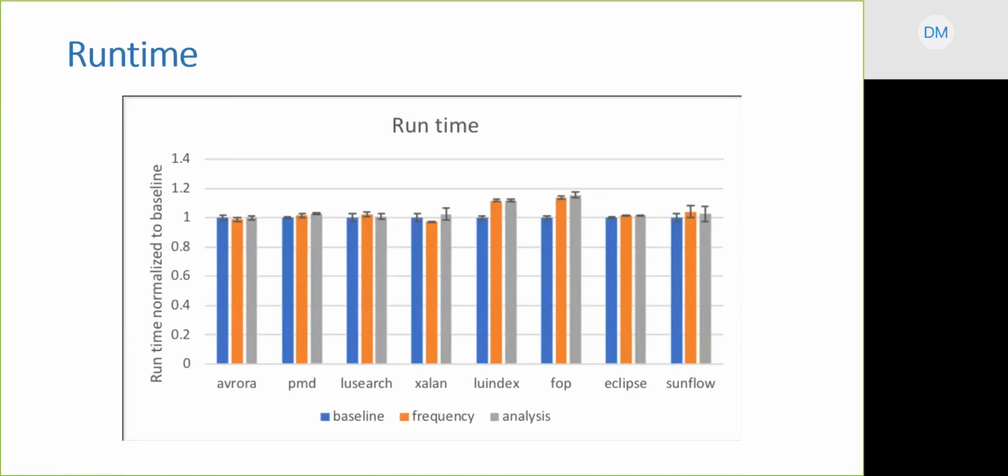If you're running for longer, you'll have a higher score. So FOP is not doing as well because it's running slower. Xalan, generally, is roughly on par. There's LuIndex and FOP where it's somewhere between 10 and 20% worse in terms of runtime.